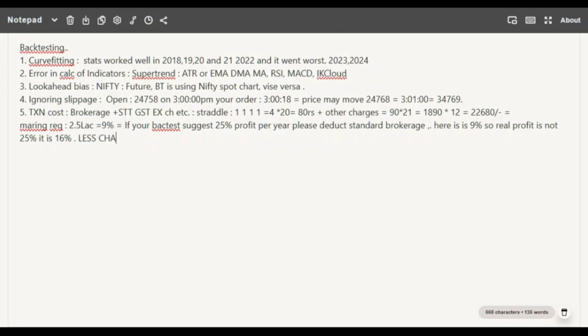Less charges for higher quantity, and charges differ from broker to broker. I will suggest here, do your own brokerage calculation before starting any strategy.